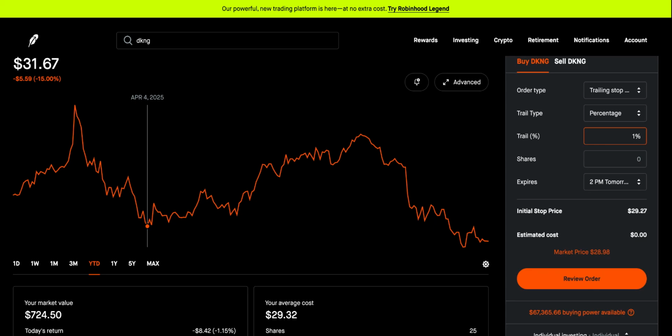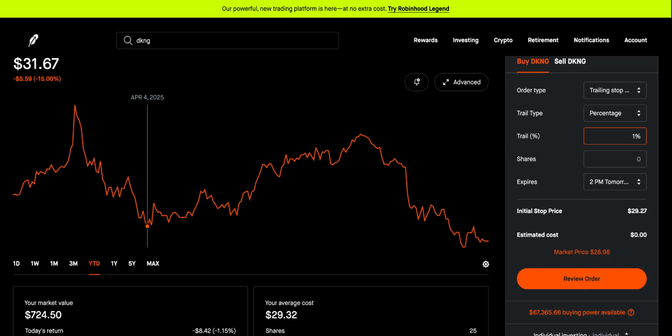But as the price keeps climbing, remember 1% of 31.67 is give or take about 32 cents. So as the price moves up 32 cents, it goes to $32. Guess what? Now your stop loss is at break even at that 31.67.